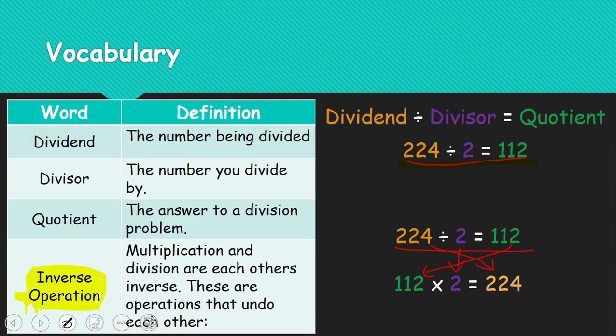So you can see that they're the inverse of each other. And it's really helpful to know the inverse operations, because when you check your work, and that's very important, check your work in either multiplication or in long division, which is what we're working on today.